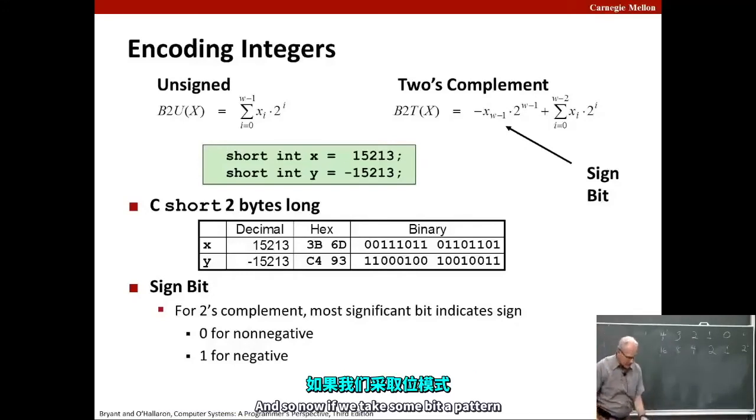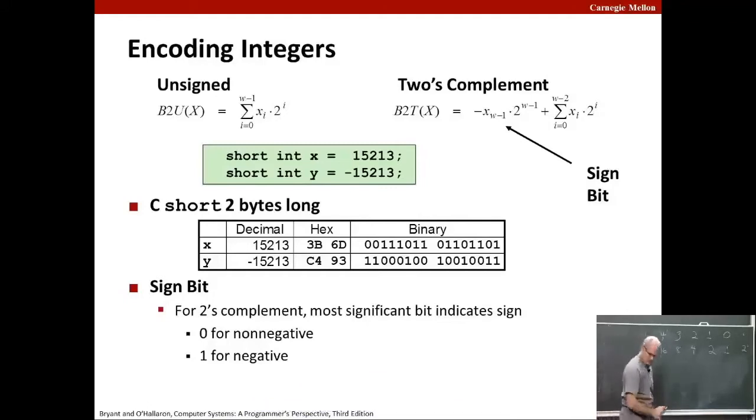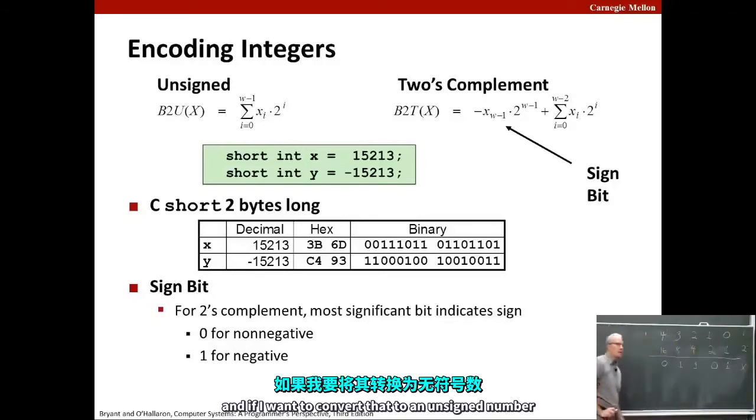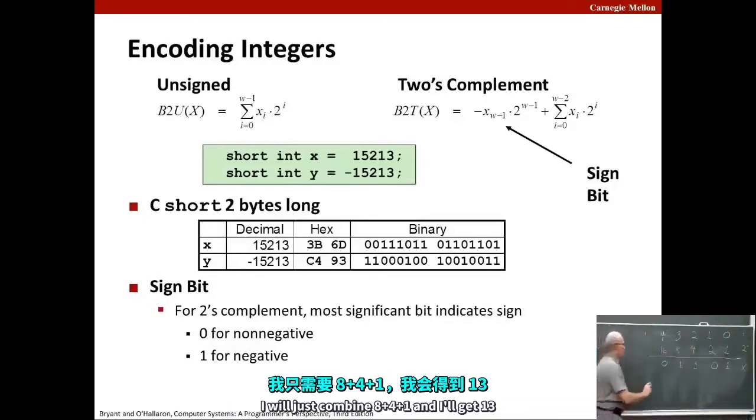Now if we take some bit pattern, which I'll call x, and I want to convert that to an unsigned number, I just combine 8 plus 4 plus 1, and I get 13.